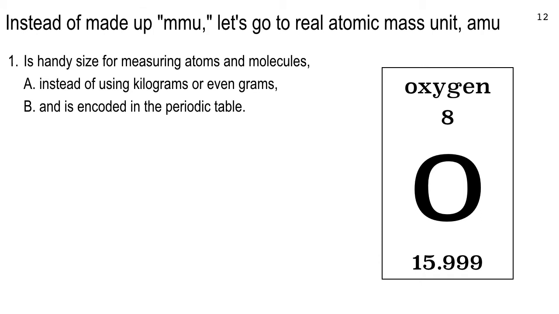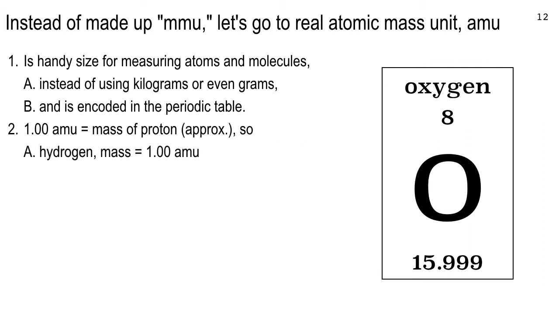Tile for oxygen in the periodic table. The periodic table is a big array of all 100 and something elements stacked up in columns and rows. And every element in the periodic table has an atomic mass. An AMU is approximately the mass of a single proton. So hydrogen is about 1.00 AMU.